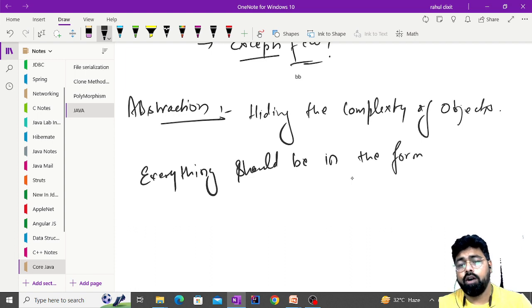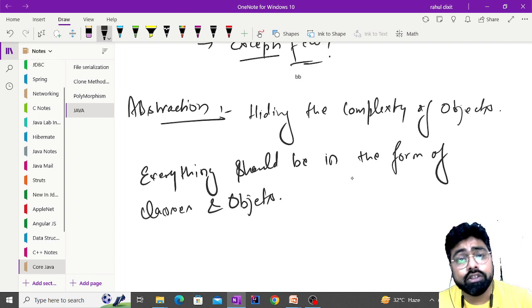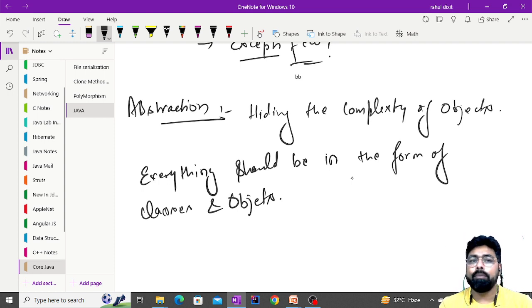Java says everything should be in the form of classes and objects; these principles say so. Any programming language that follows all these properties and behaviors can be called an object oriented programming language.